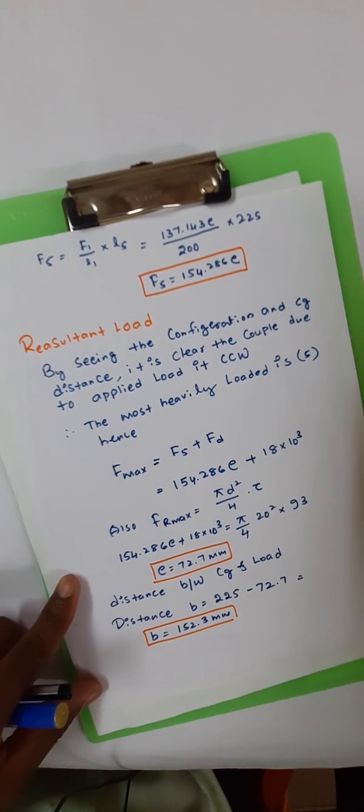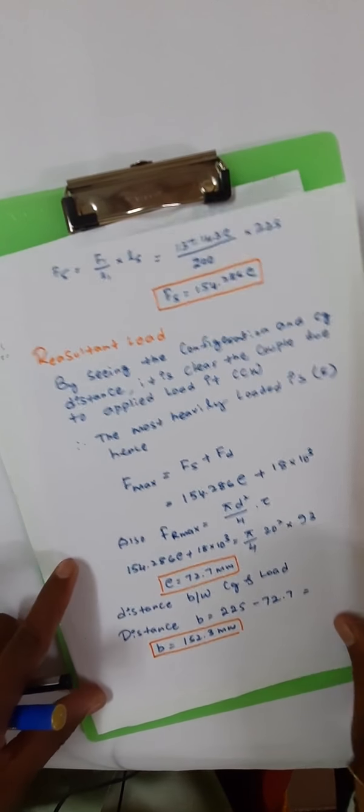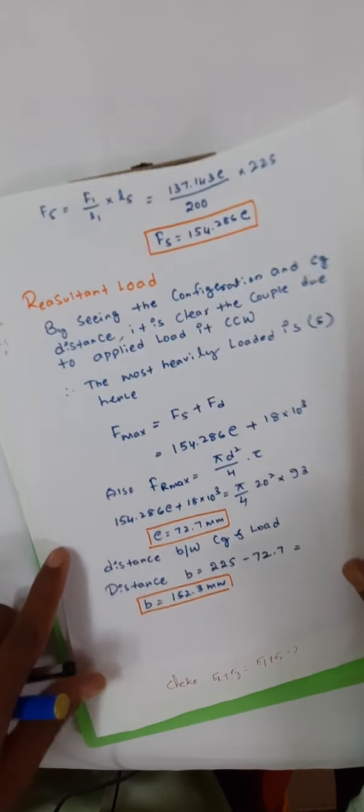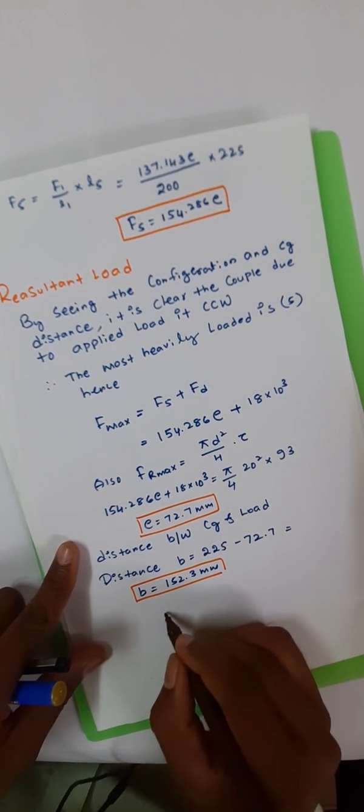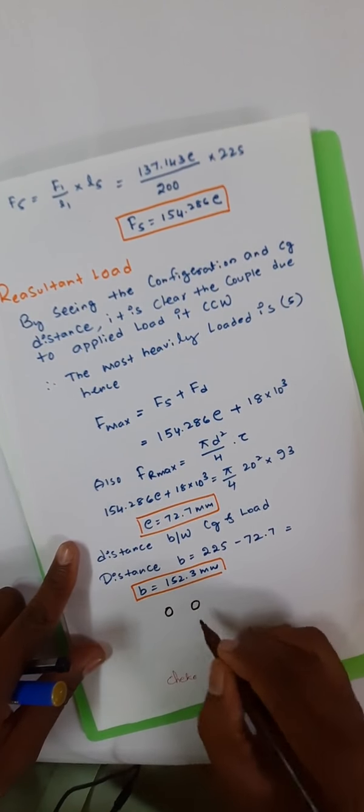How do we get the value for B? Now you can observe carefully. With respect to this B, you can see how many rivets we have: 5 rivets.